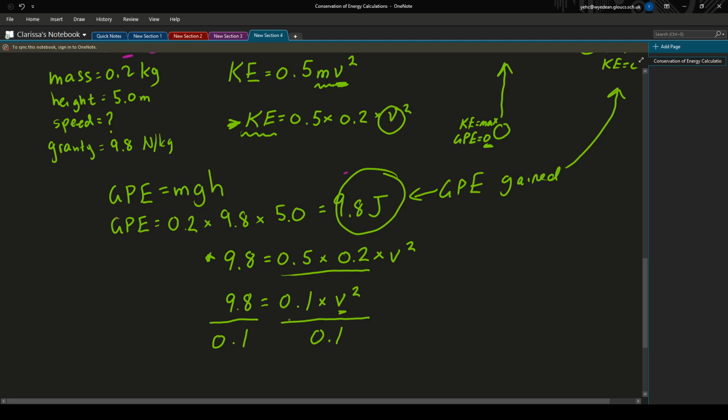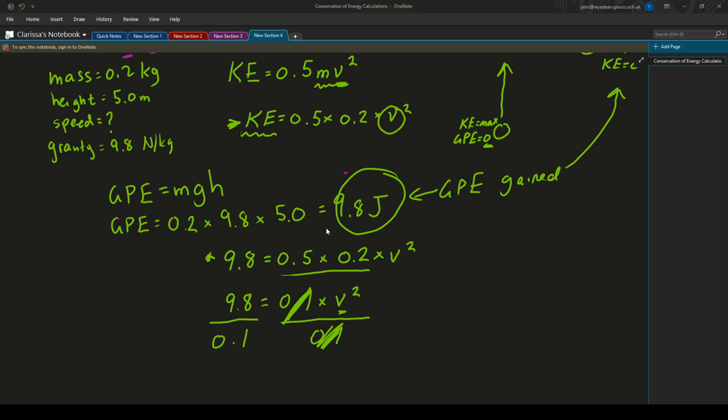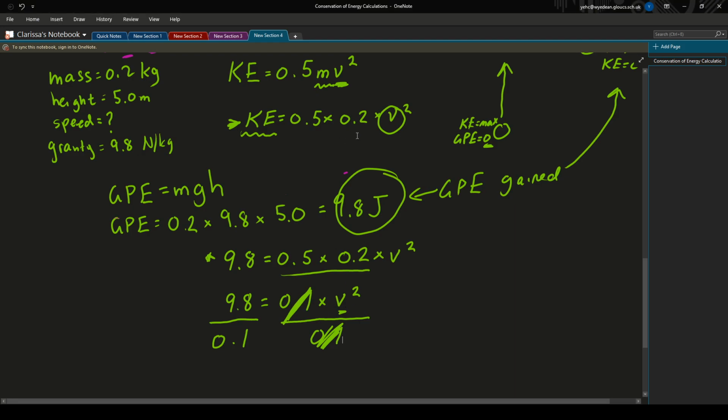These two 0.1s cancel each other out. And I'm going to clean the left-hand side up. 9.8 divided by 0.1 is 98. So I'm left with 98 equals v squared.